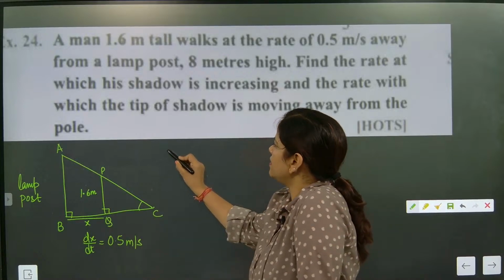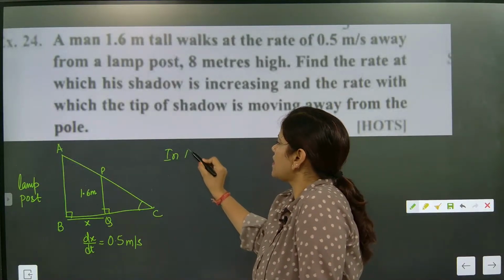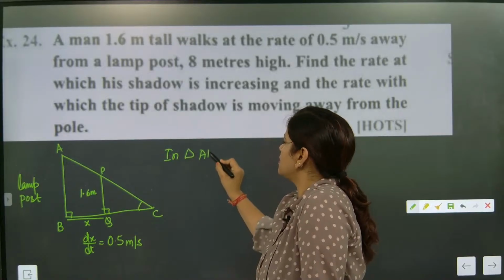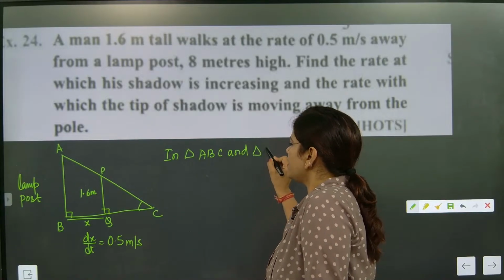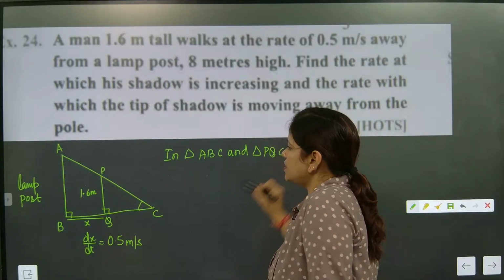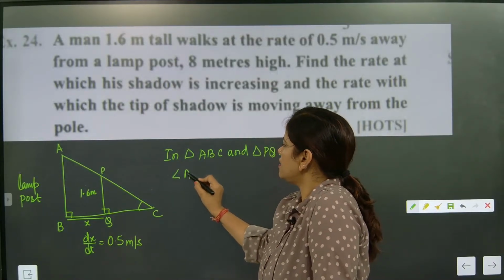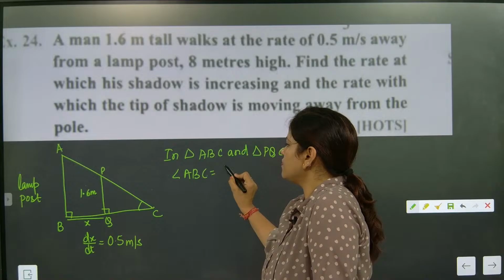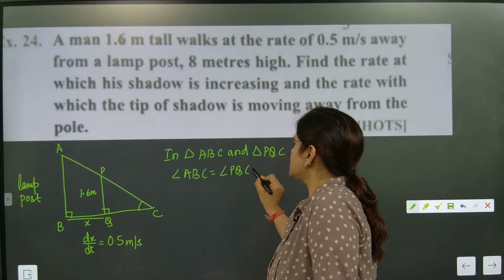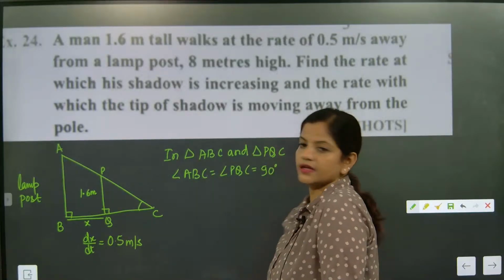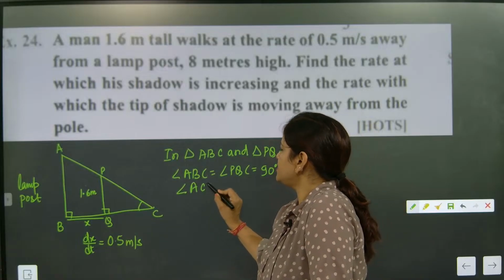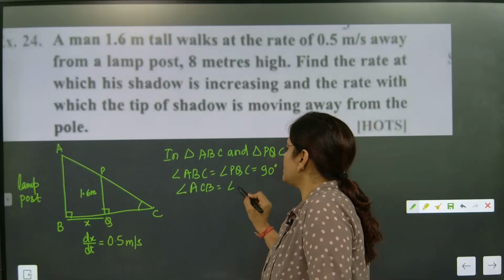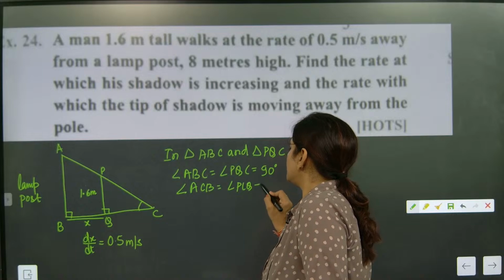So write in triangle ABC and triangle PQC. Now angle ABC equal to angle PQC equal to 90 degree. Correct? Now here angle ACB is equal to angle PCQ, which is common.